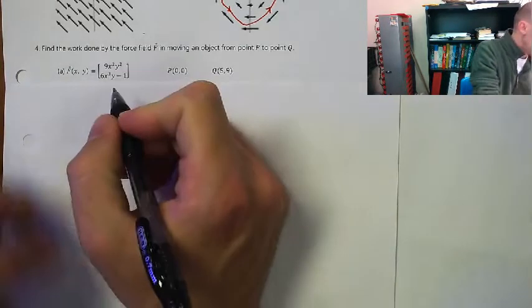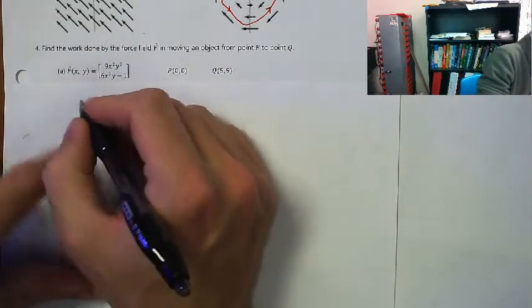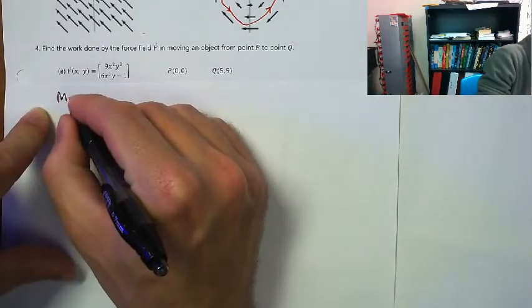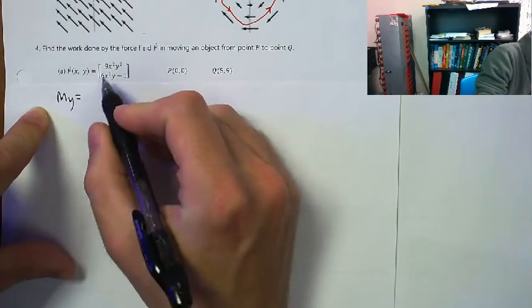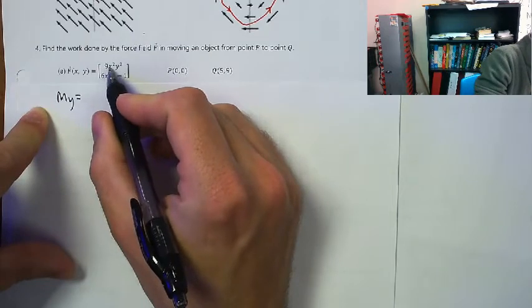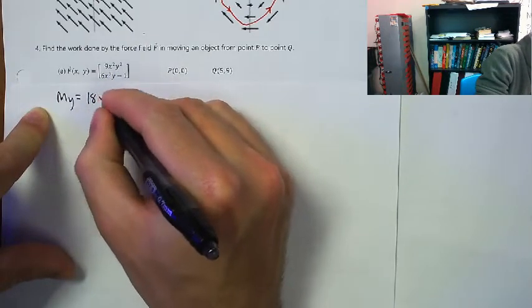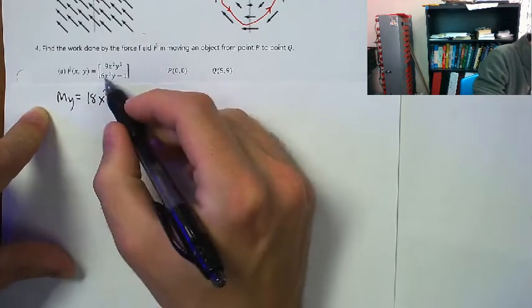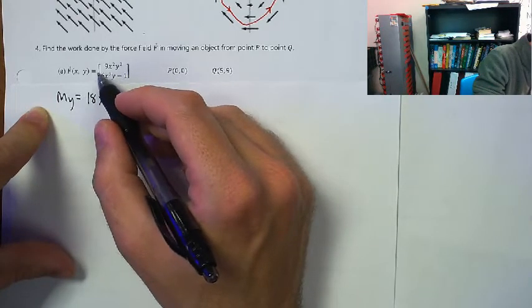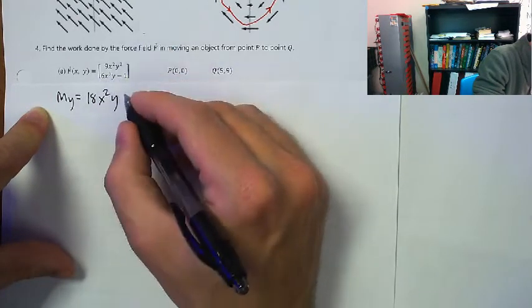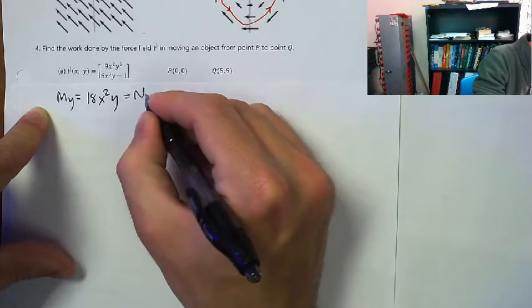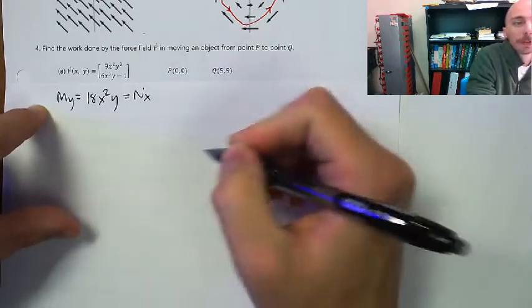I'm just going to take it on faith. Okay, so let's see. My is going to equal 18x squared y. And then nx, sure enough, is going to be 18x to the 2, y to the 1. Okay, so I know it's conservative.